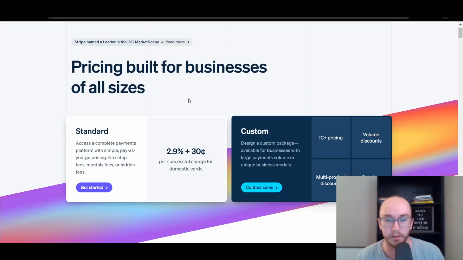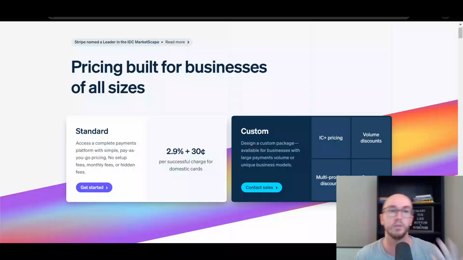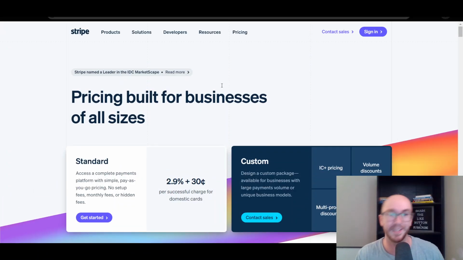It does just depend on your business. But Stripe, I would say, is probably better at handling those larger enterprise level clients just because that's their entire focus. Whereas QuickBooks is a little bit more about small business compared to the really large scale businesses that Stripe might be better suited for, offering those volume and more complicated payment integrations.